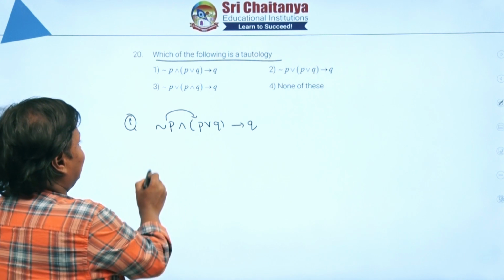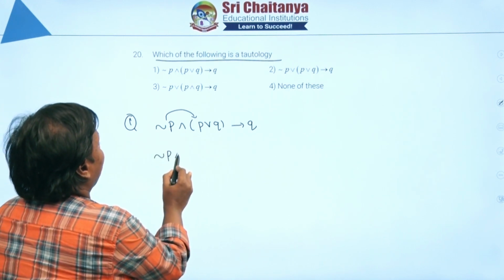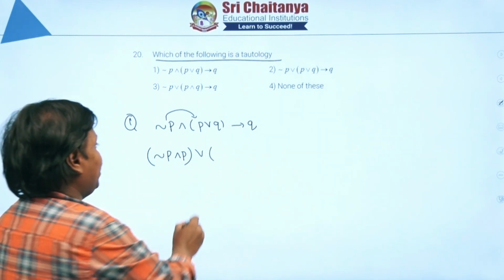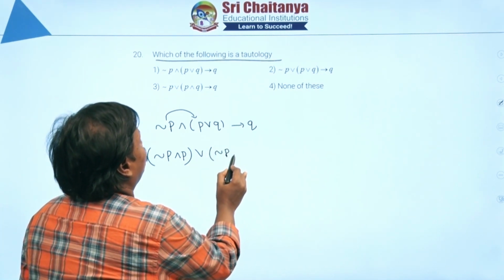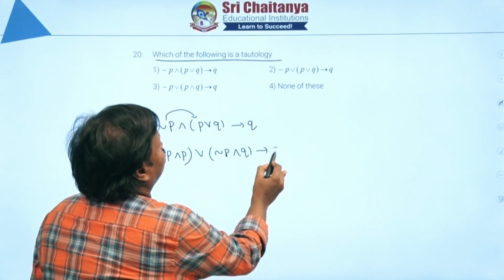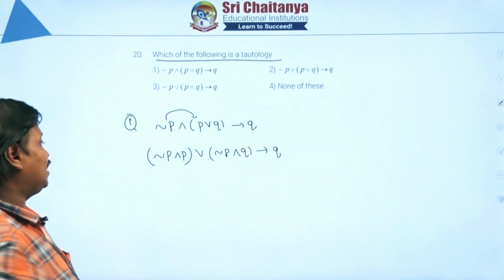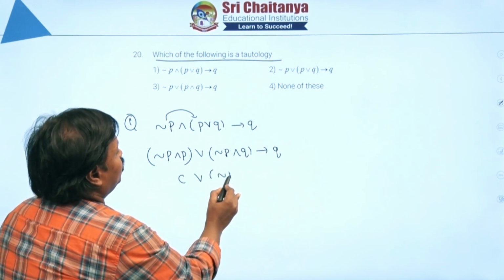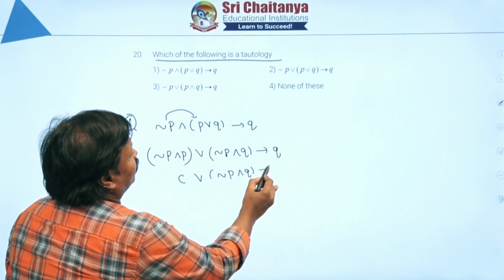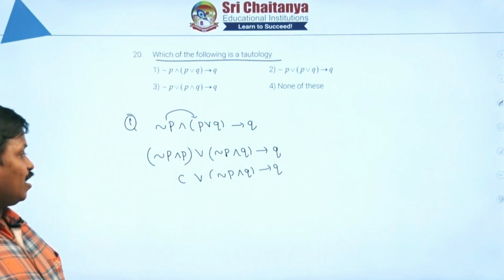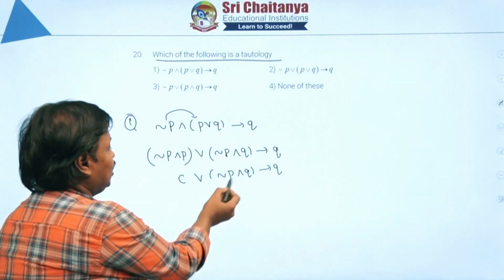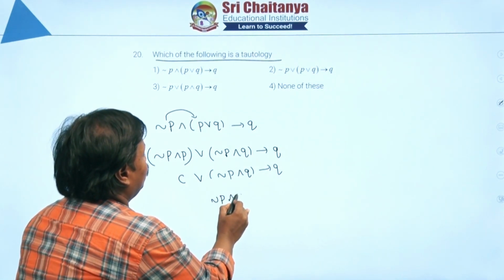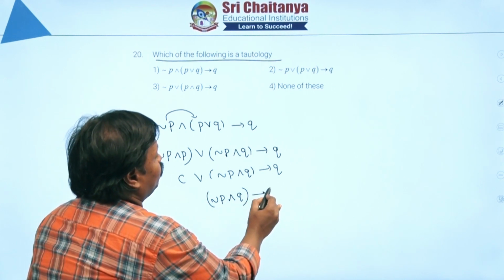So I am distributing like this, negation of P and P or negation of P and Q implies Q. Negation of P and P is a contradiction. Contradiction or negation of P and Q implies Q. Contradiction or any statement, you will get that statement only. So you will get negation of P and Q implies Q.